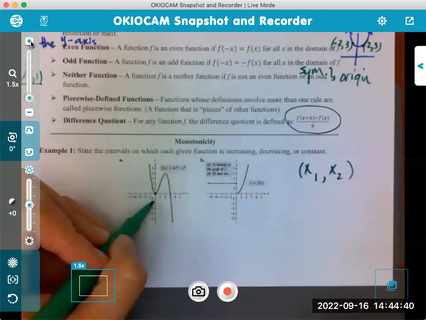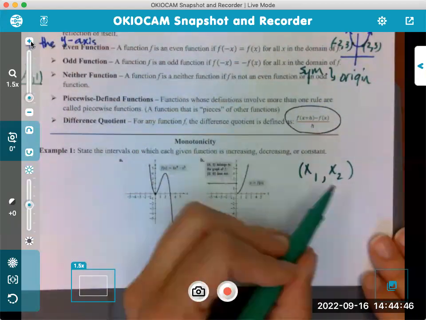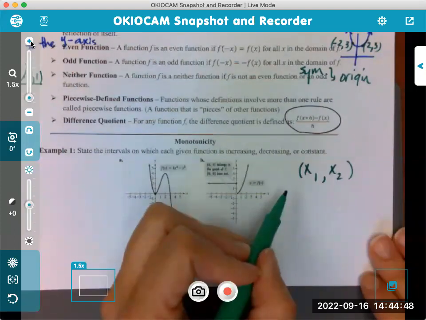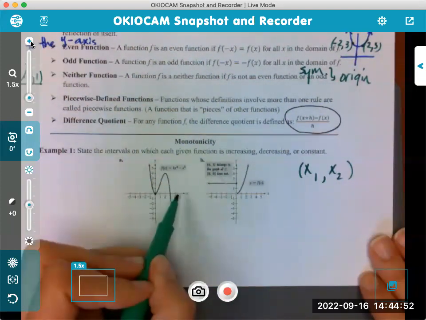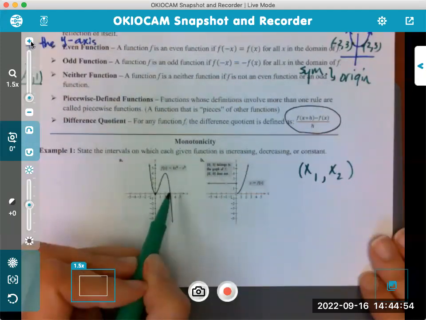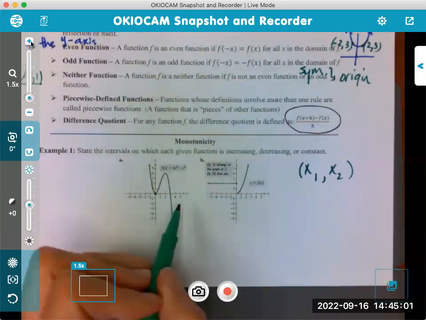It's like a flex point, right? It's both at once. So that's why we're always using the parentheses. And when we describe it, it's like we're describing the x-axis. Where, or what chunks of the x-axis, is the graph increasing, decreasing, or constant?